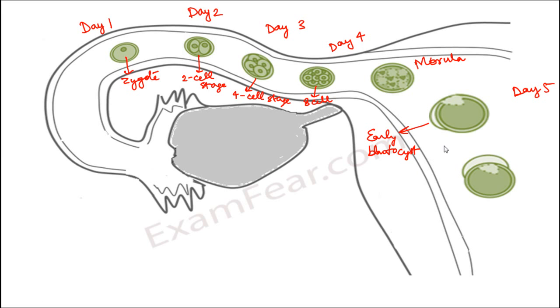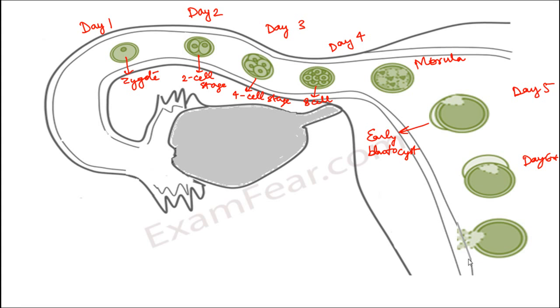From this early blastocyst, you actually end up having a late blastocyst or a mature blastocyst. This happens around day 6 to day 7. And finally, you have the implantation of the blastocyst. That is, the outer layer of the blastocyst will attach itself to the endometrium.